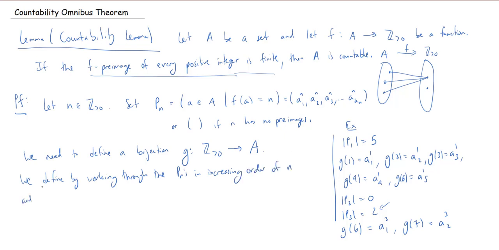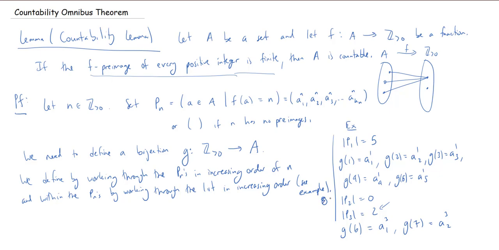And within the Pn's, by working through the list in increasing order. Okay, so that's what's going on, and we see the example. Okay, so see example. Okay, so that's the idea.